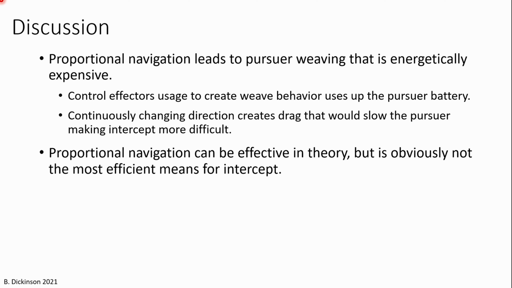So while this simulation is illustrative of principles of Pronav, it's not to imply that this is the correct guidance for this target. Obviously, it's not the most efficient because we could conceive of more direct pathways to the target that would not be so responsive to the intermediate weaving of the target, that would bleed off energy in our pursuer and lessen the likelihood of intercept.